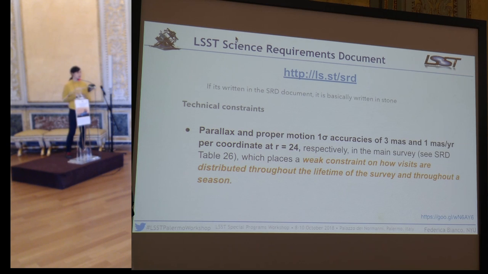For example, there's a lot of talk about a rolling cadence, where the focus of the survey is in a particular area of the sky earlier during the survey, so you're sort of front-loading a particular area of the sky and then covering it less and less progressively until you stop covering it in the later years of the survey. There are limits to how aggressive that rolling cadence can be because of the parallax and proper motion requirements.